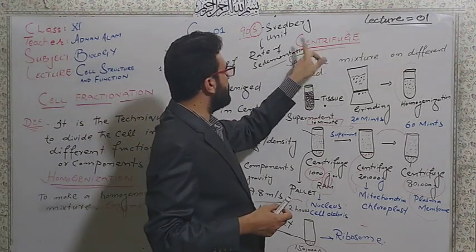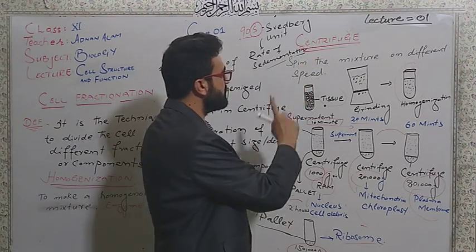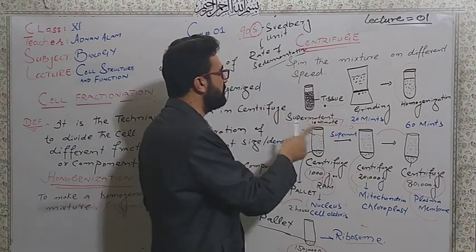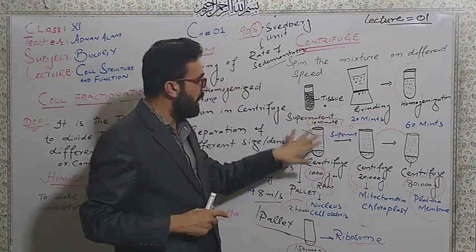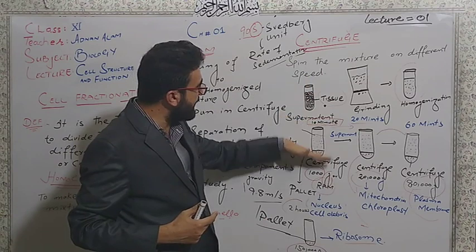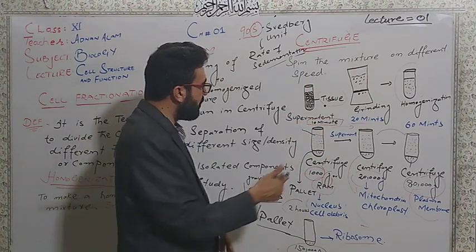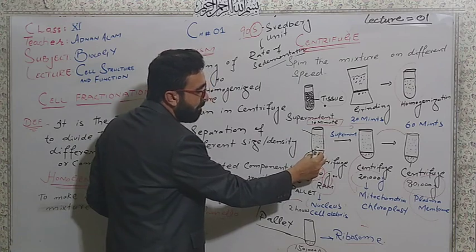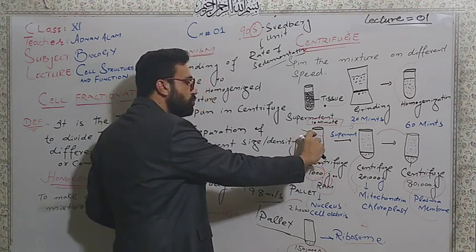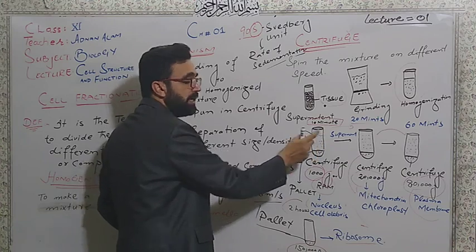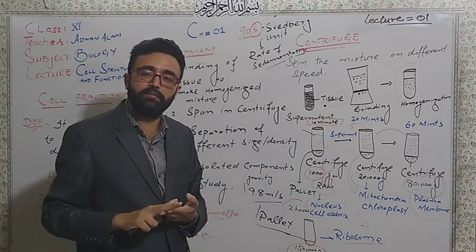Then centrifugation. In centrifugation, we spin the tissues at different speeds, and then according to the size of the particle, they settle down. When they settle down, this area is called the pellet, and the solution above the pellet is called the supernatant. These two terms are very important.